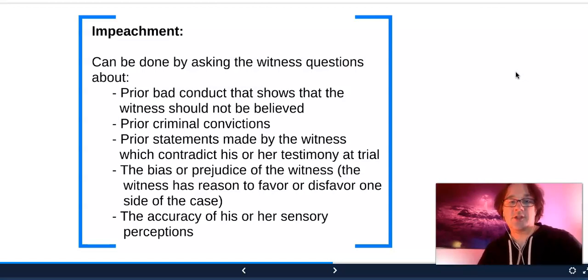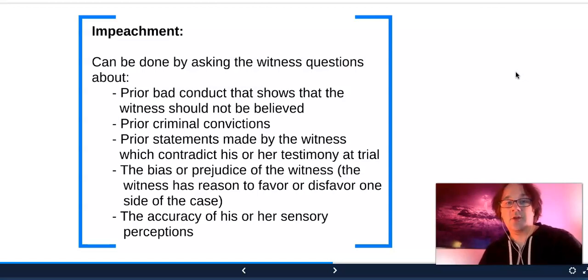Also, you can ask them questions about the bias or prejudice of the witness. So the witness may have reason to favor or disfavor one side of the case. Maybe they really don't like the defendant, or maybe they're related to one of the prosecuting attorneys somehow. Who knows, right? These are all ways that you can try to impeach the witness.